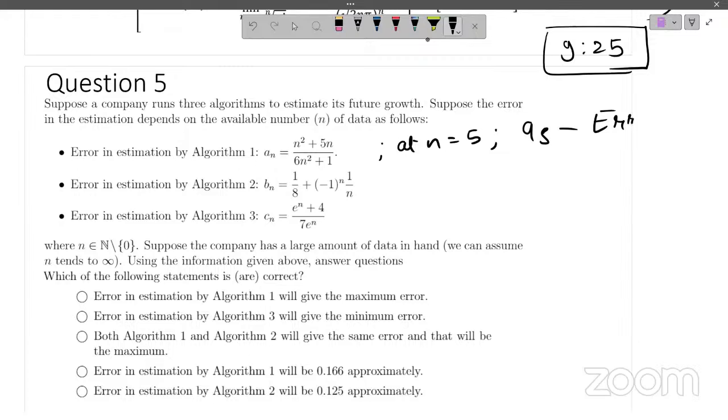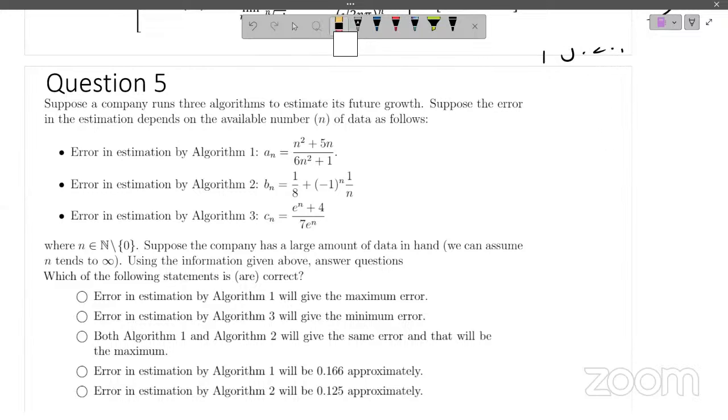As n goes larger and larger, an should tend to something, and that will be your estimation. So we'll compute the limit of these three sequences as n goes to infinity. First, the limit of an.